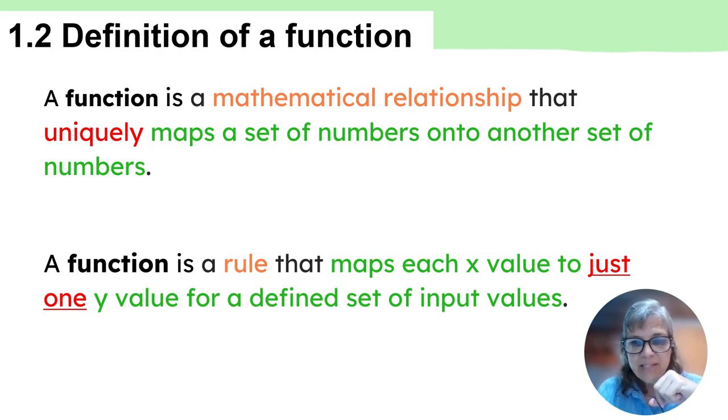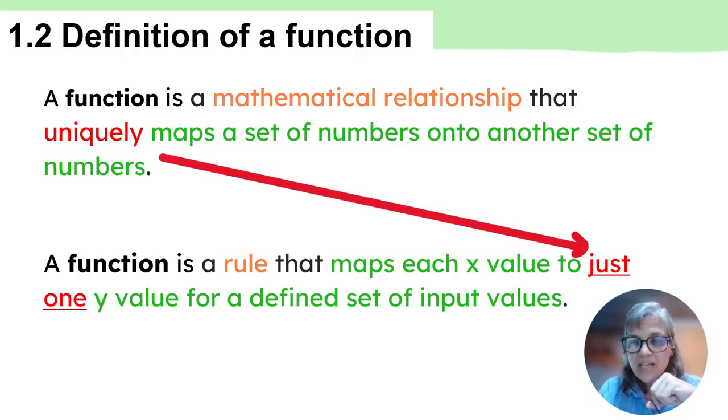This is basically the same thing, because uniquely means just one. Each x value has just one y value. So it's the y values that there can't be more than one.